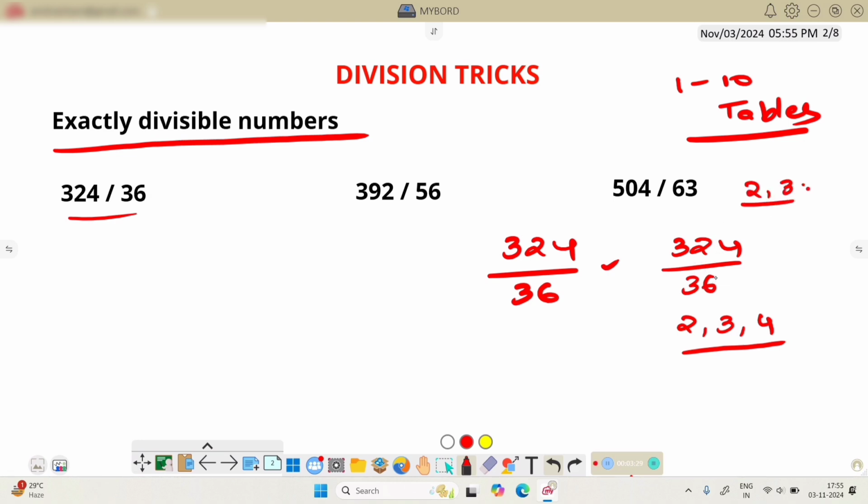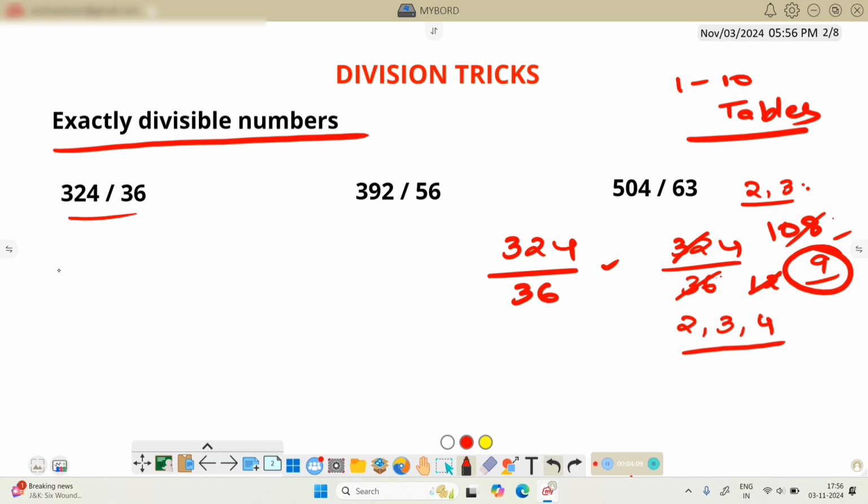So they will simply cancel out: 3 ones are 3, 3 twos are 6, and next 3 eights are 24. This is how they will cancel out, and next again 12 nines are 108. This is one of the methods you can follow in the examination, but you should be very fast. Your calculation speed should be very fast.